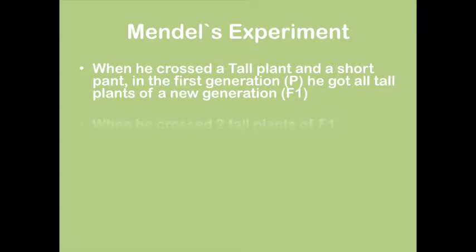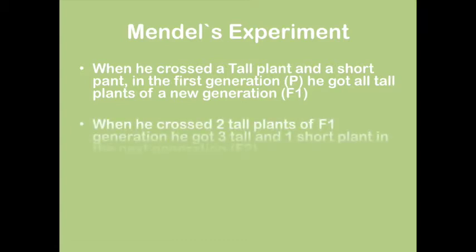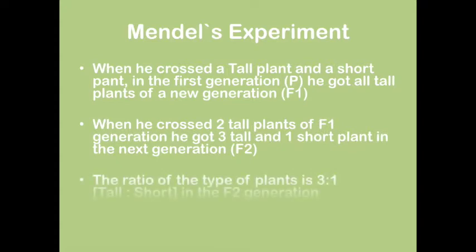In the first generation, he got all tall plants in the new F1 generation. Okay. So when he crossed two tall plants of the F1 generation, he got a 3:1 ratio of tall and short plants in the F2 generation. So the ratio of the type of plants was 3:1. That is, the tall to short ratio was 3:1 in the F2 generation.